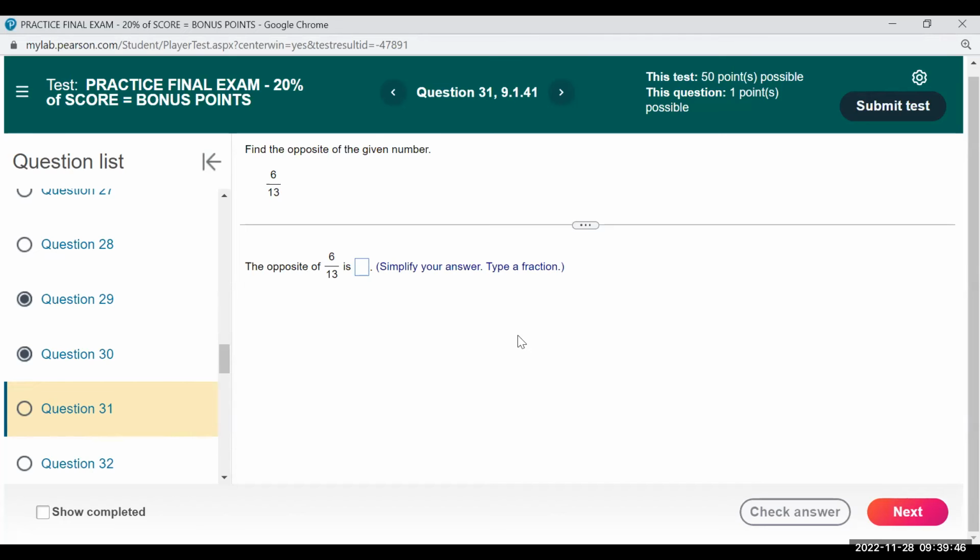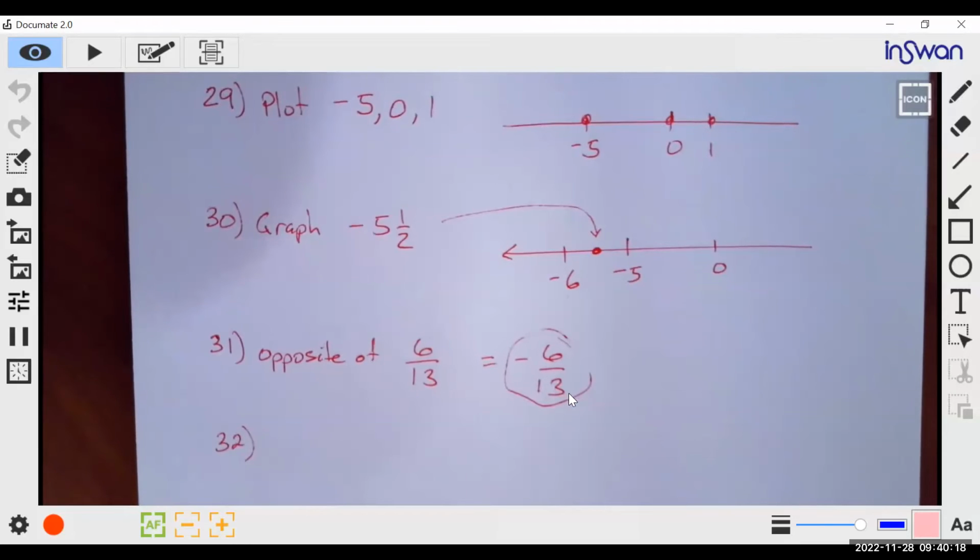Find the opposite of 6/13. So what's the opposite of 6/13? That's not the opposite. That's the reciprocal. The opposite is negative 6/13. Negative 6/13 is the opposite.